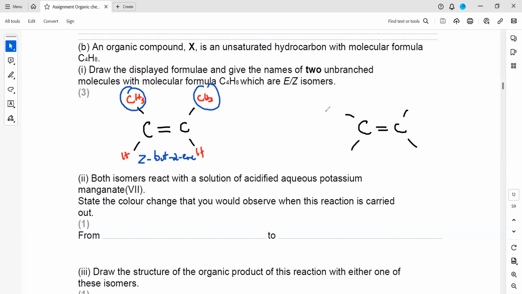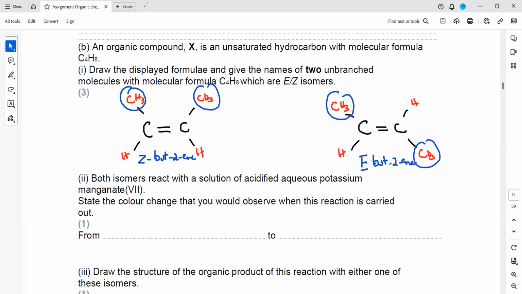But if we want to draw another one, if I draw CH3 and H on the opposite side, when we check the heavy groups, CH3 is heavy. Here the heavy groups are on the opposite side, so we call them E. The name is 1, 2, 3, 4 carbon atoms, so it is but-, second position double bond, 2-ene. So this is E-but-2-ene. One is E-butene, another one is Z-butene.